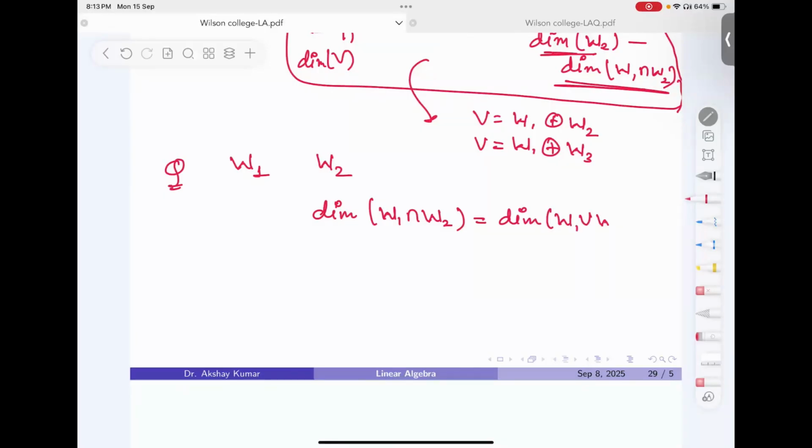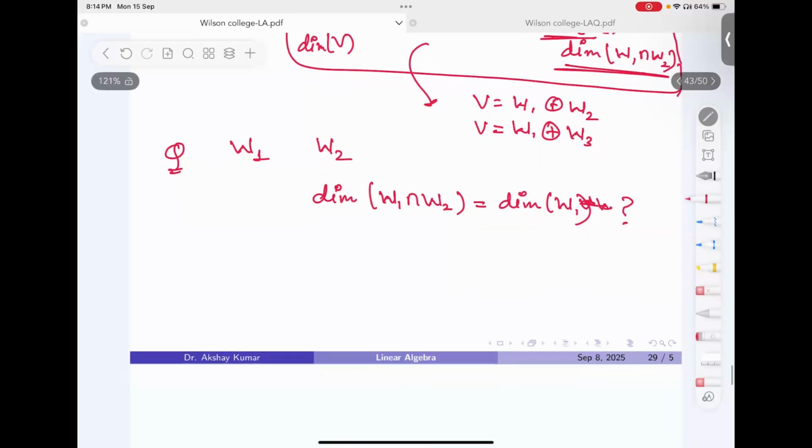So when will it happen? If W1 is contained in W2.